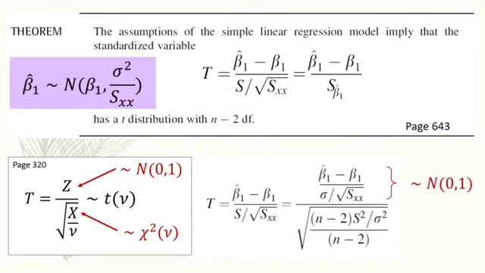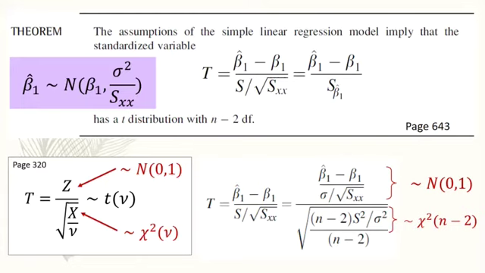Remember, the numerator has to be a normal 0, 1. This follows from this result: if you take beta hat 1 and you standardize it, you'll get a normal 0, 1. And then in the denominator, we know that this part here has a chi-squared distribution with n minus 2 degrees of freedom.